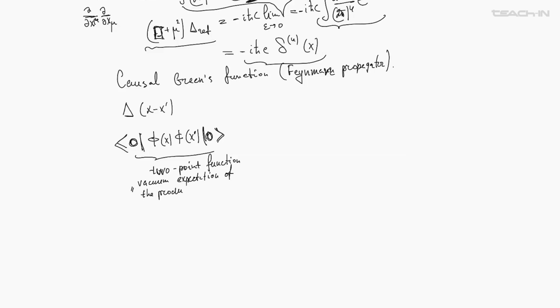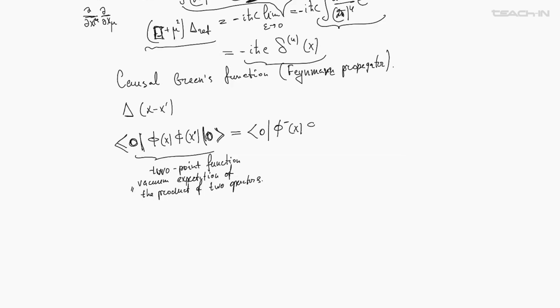Okay, this is something which you can compute in the following way. You know that this is phi 0, and then you can split the fields into positive and negative frequency parts. So for phi on x, you need phi minus x, and for phi on x prime, you take phi plus on x prime.